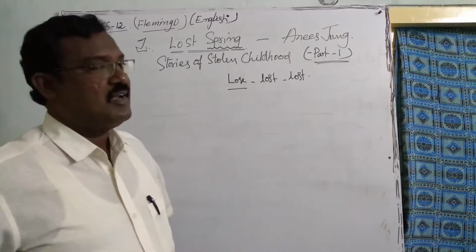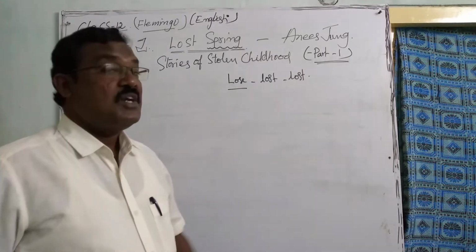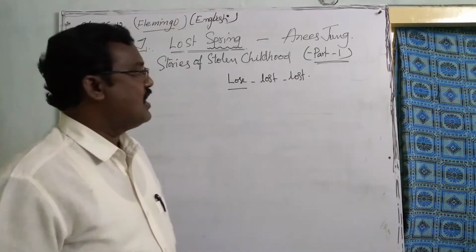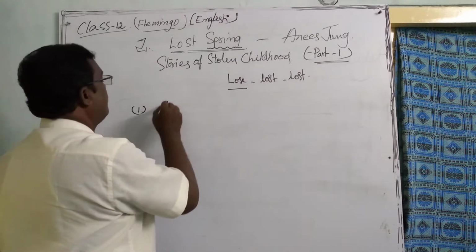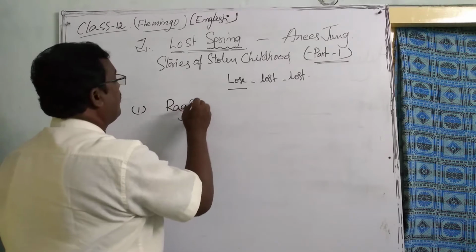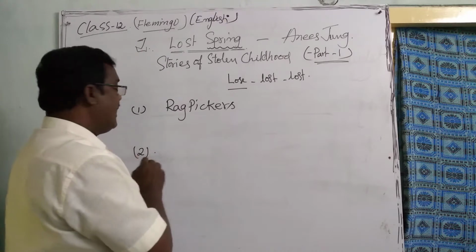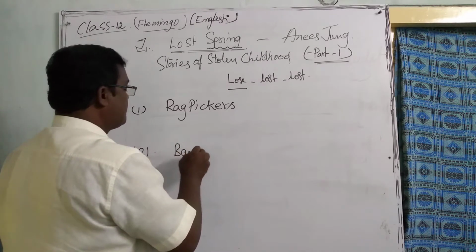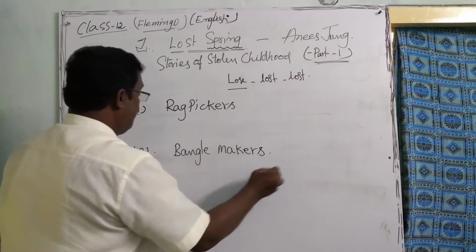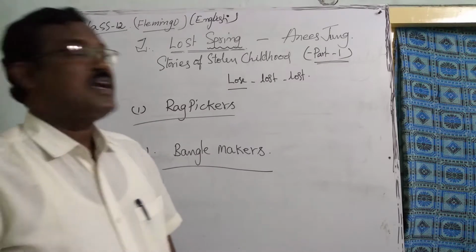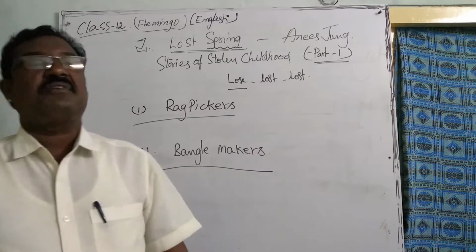So my dear children, you have to understand that in this lesson, we are going to discuss two types of children. One, ragpickers, and the other, bangle makers. In this lesson, we are going to know the information relating to two types of children.